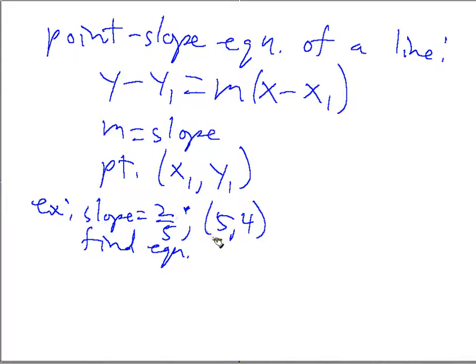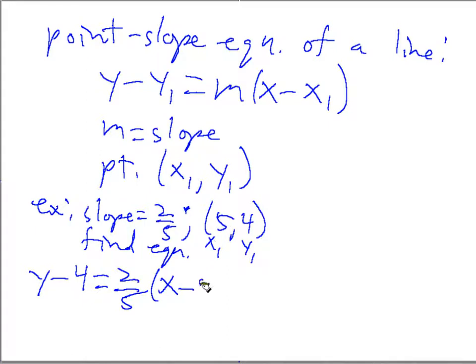This will be x1, this will be y1, and there's my m. So y minus 4 equals m, the slope 2/5, times x minus x1.